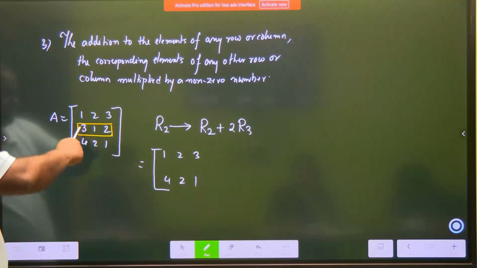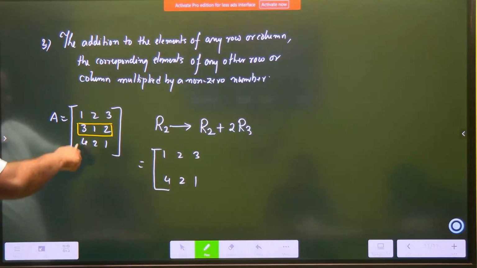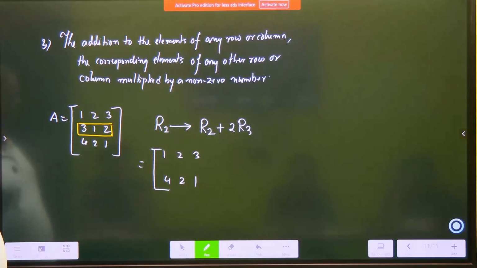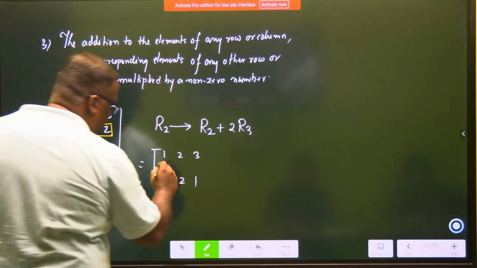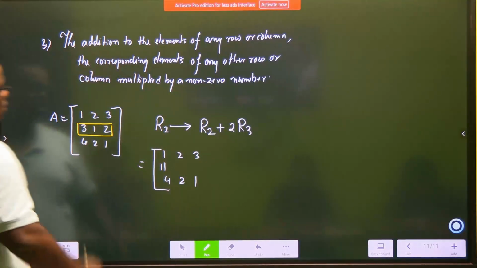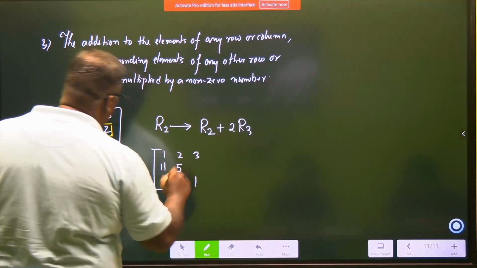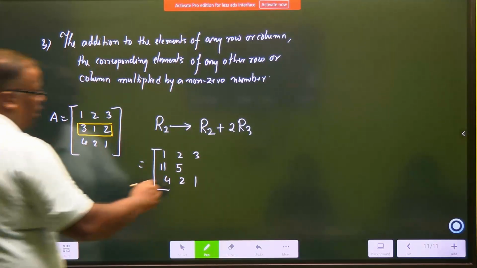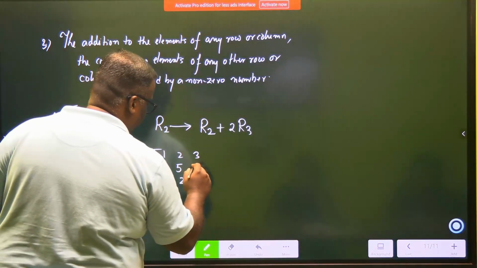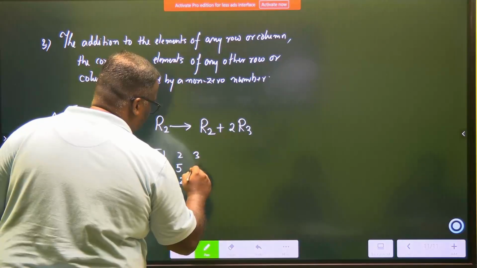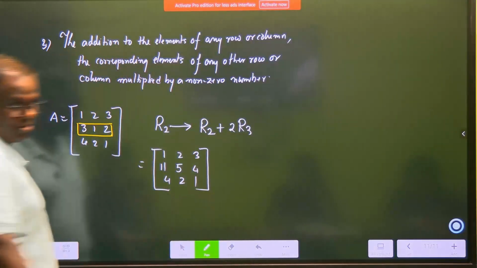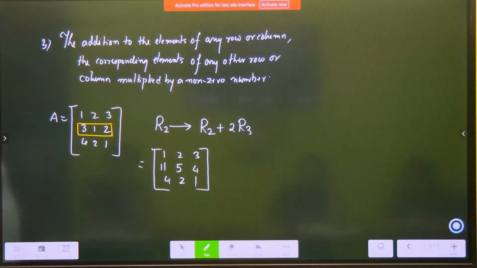But this is 3. Add 2 times 4, how much is it? 8. 8 plus 3 makes it 11. 1 plus 2 times 2 is 4, 4 plus 1 is 5. 2 plus 2 times 1 is 4.